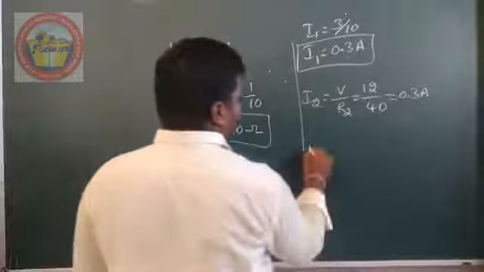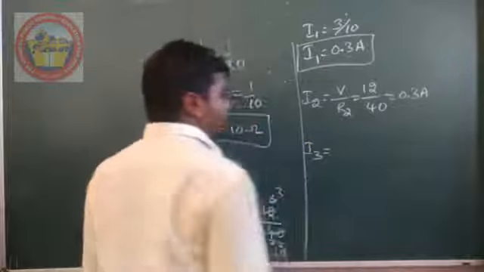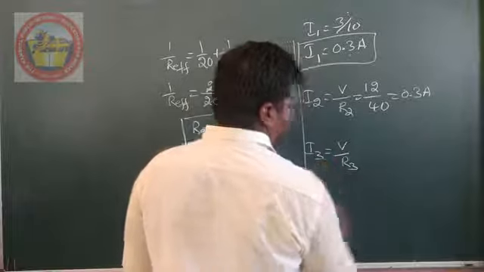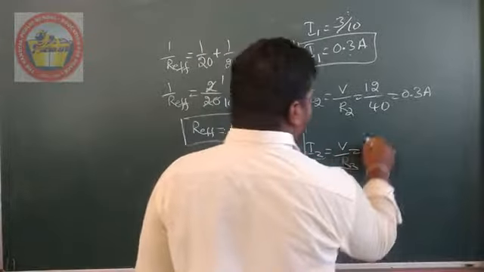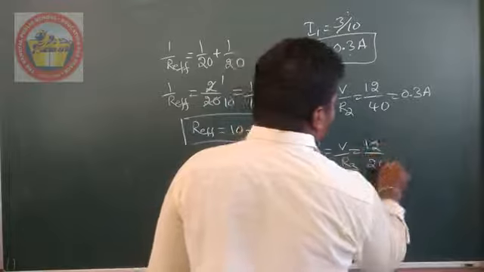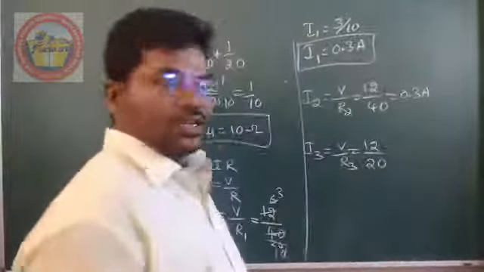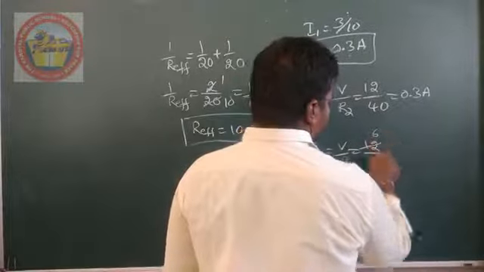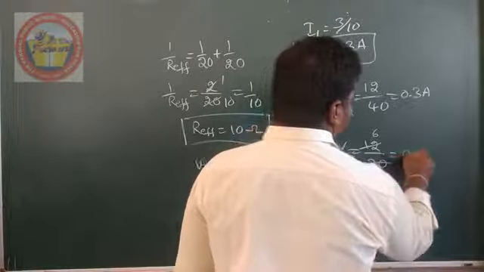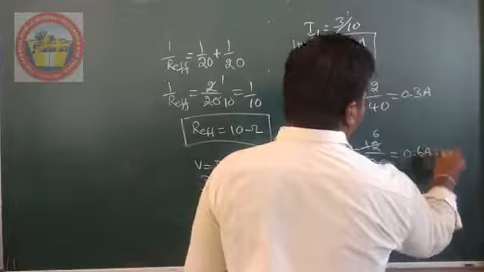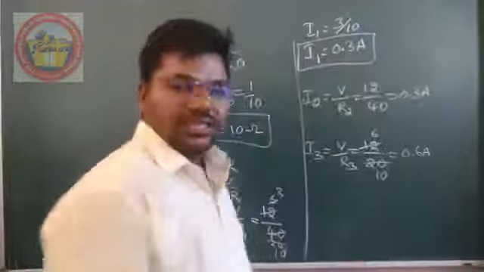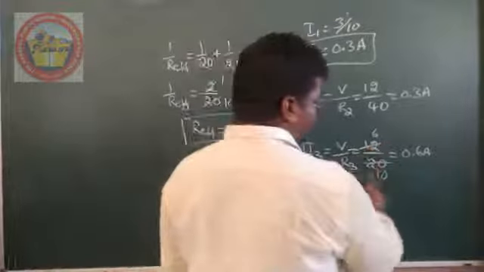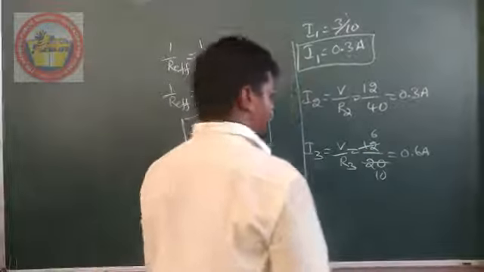Next, I3 is equal to V by R3, 12 divided by 20. We know that 12 by 20 is 6 by 10, so 0.6 amperes.